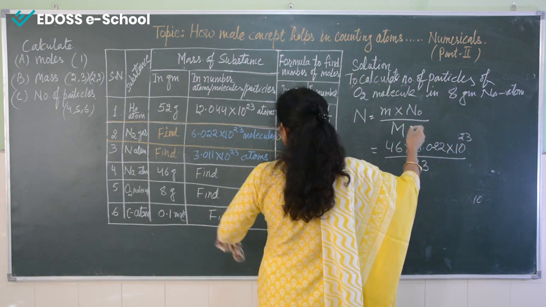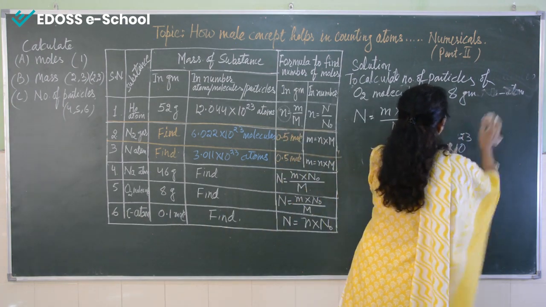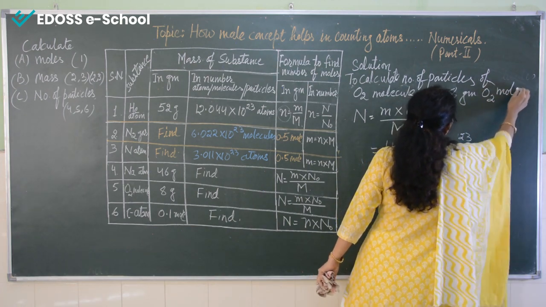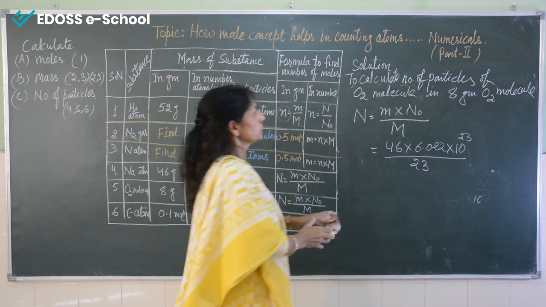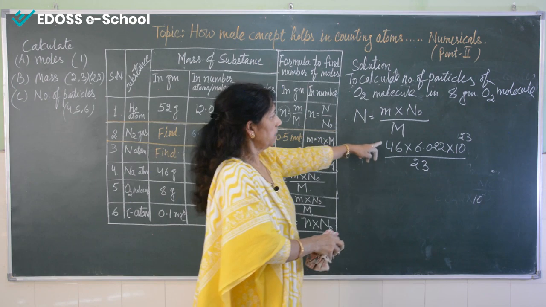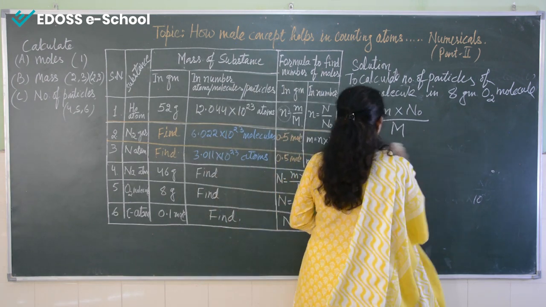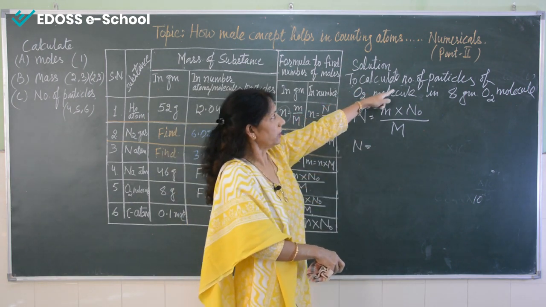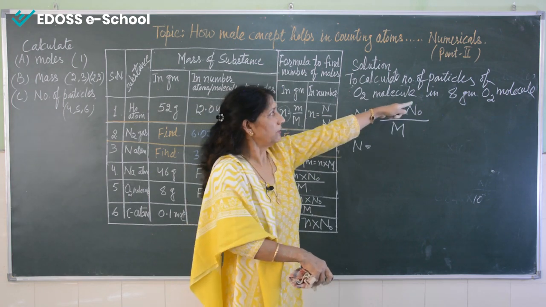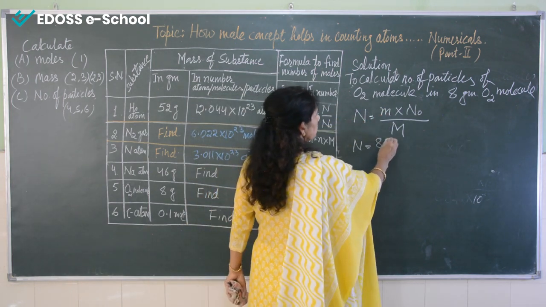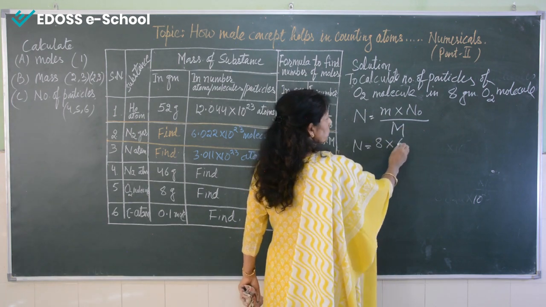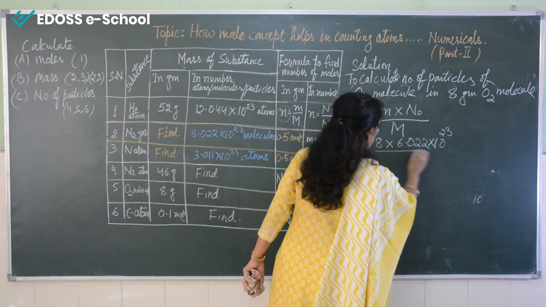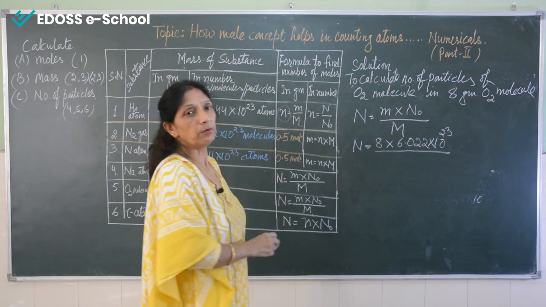So in place of 46 now, we have to find the number of particles, so capital N, and mass is given as 8 grams, so m is equal to 8, and this is Avogadro number, 6.022 into 10 raised to power 23, and the molar mass of oxygen molecule will be double.